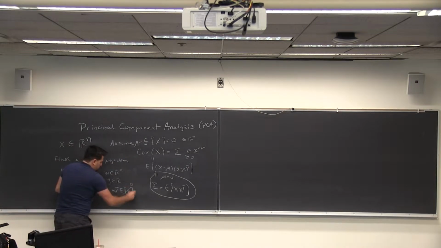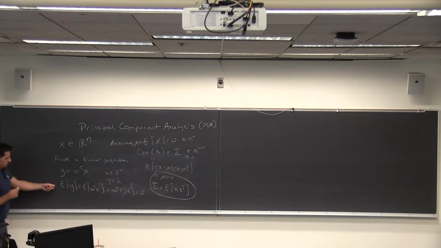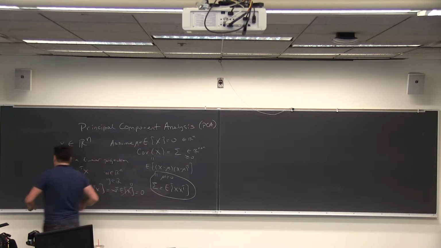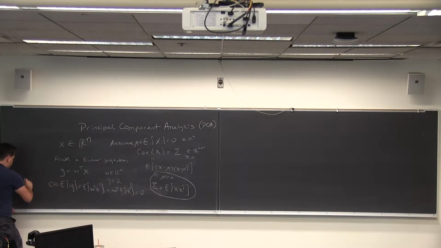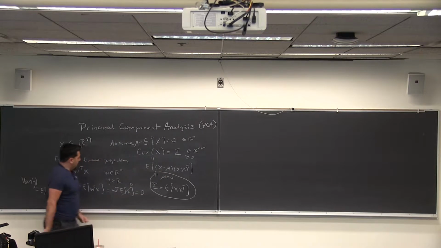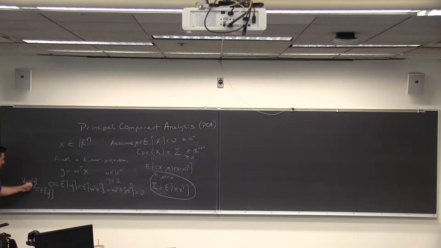So the expected value of y is 0, which means the variance of y is equal to the expected value of y squared. Normally, variance is the expected value of y minus the mean of y, squared, but since the mean value of y is 0, variance is now the expected value of y squared. So similar to here, since the mean of x is 0, the mean of y is 0, and variance becomes equal to the second order moment.